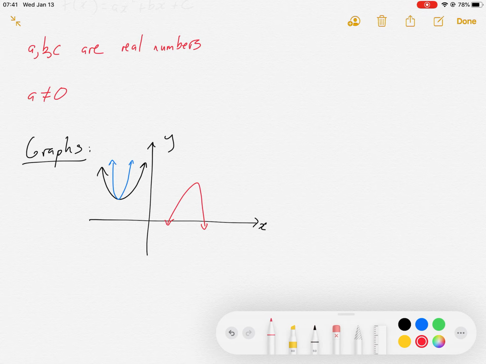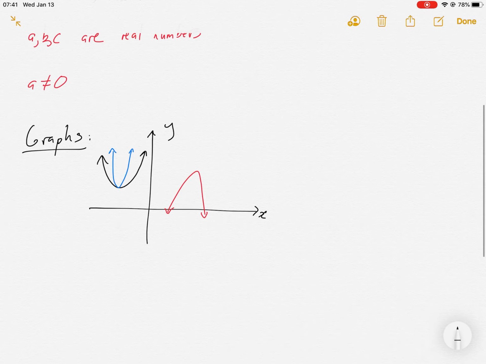So we would say in this case, these parabolas, they open up, we say, and this one opens down. All right.